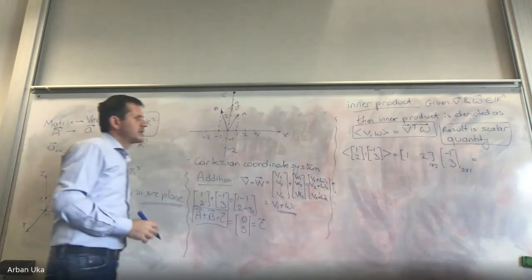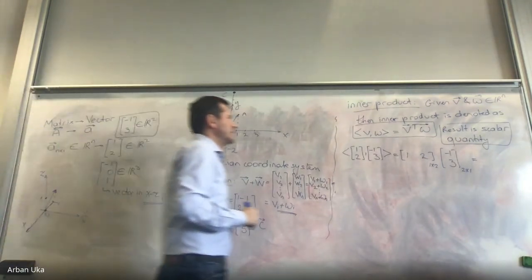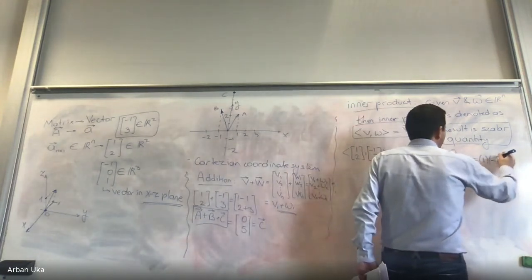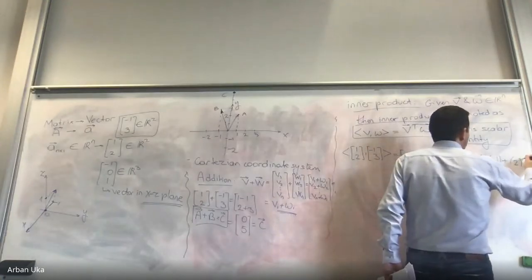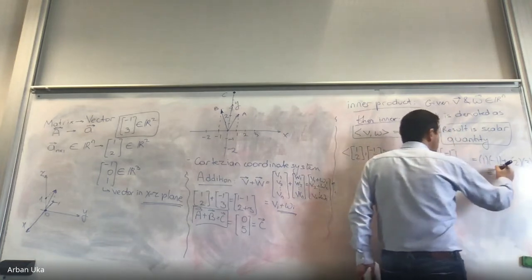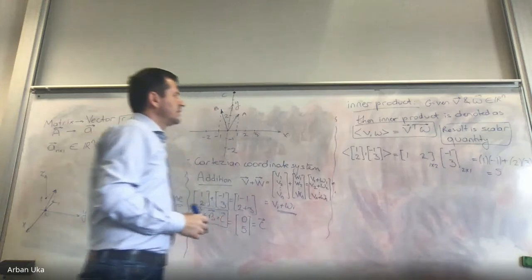This multiplication is defined because we can multiply these two vectors. The answer will be 1 times -1 plus 2 times 3. This is equal to 5, that's correct? Okay, so we get a 5. It's a scalar quantity.